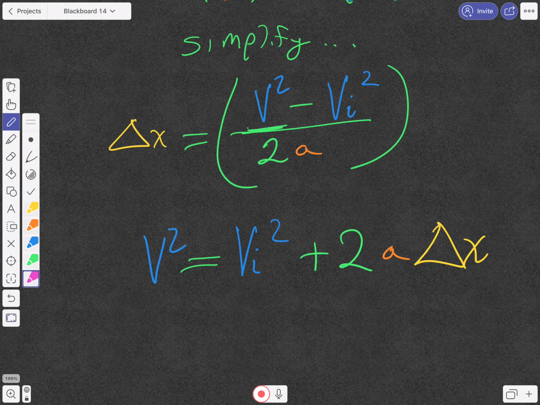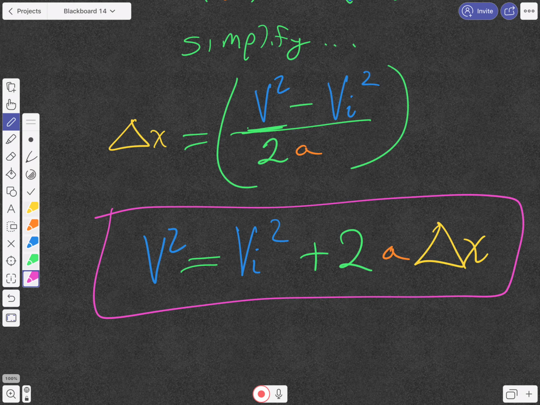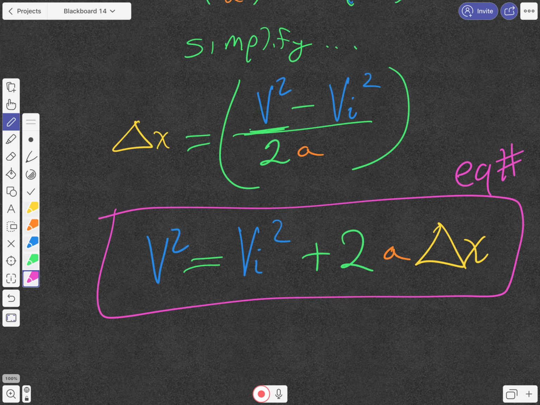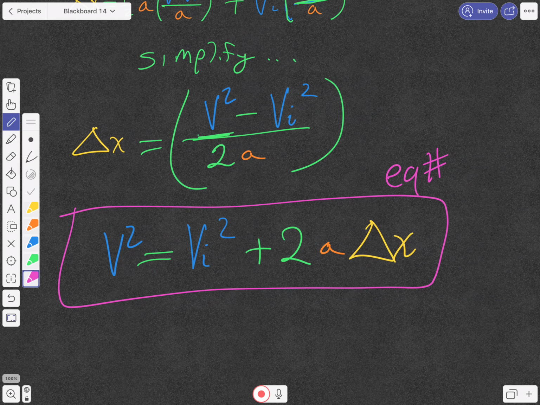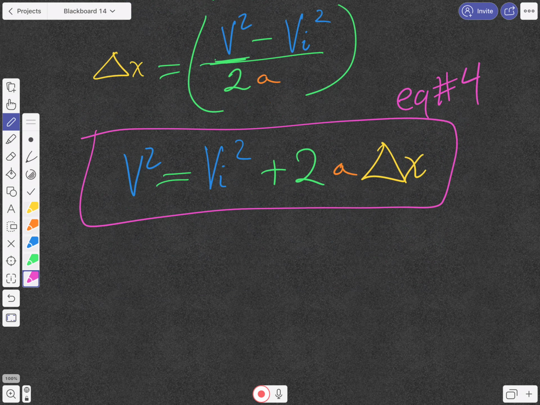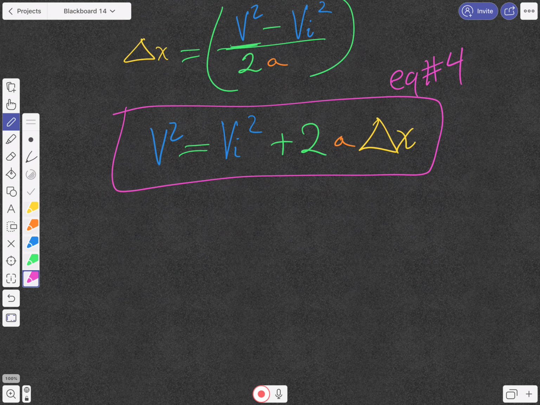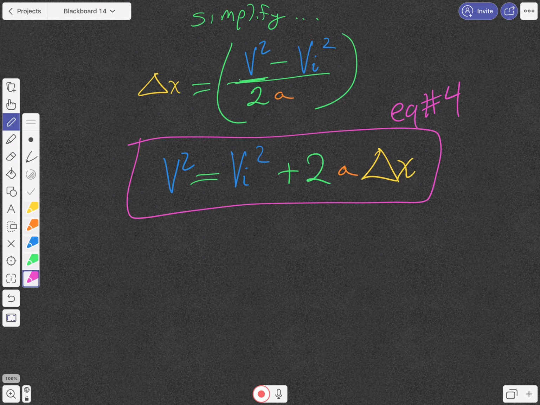So now this is actually our equation number 4. So, like I said, if you don't believe that this comes through, I highly recommend trying to move your units over yourself and get to this v squared by itself.